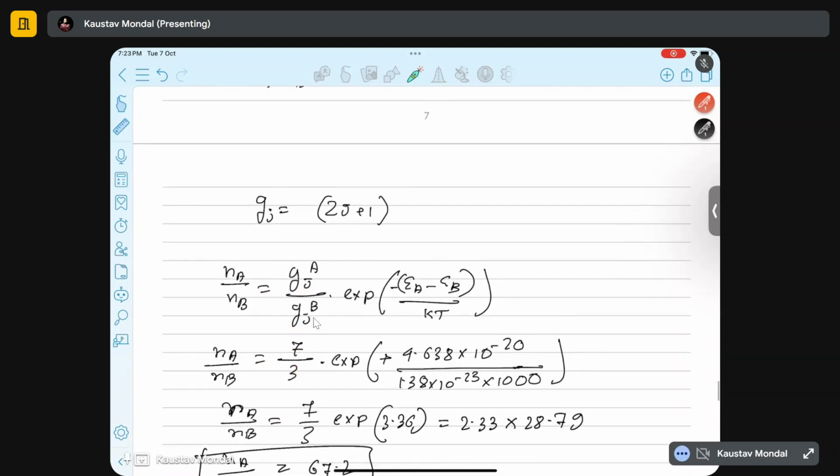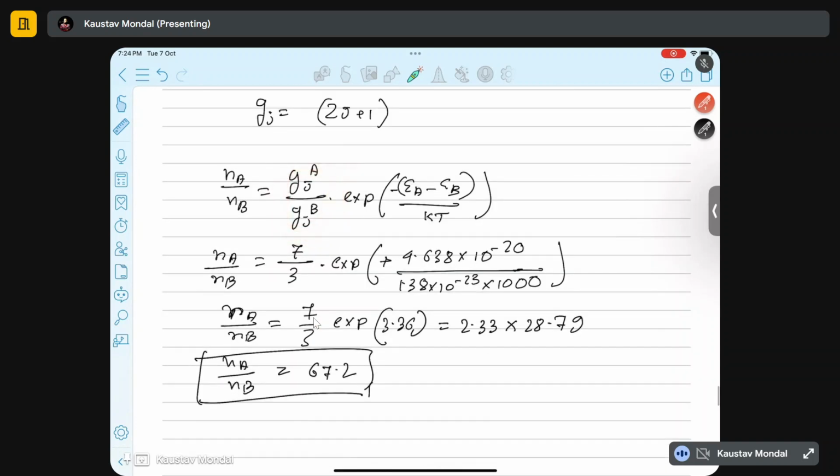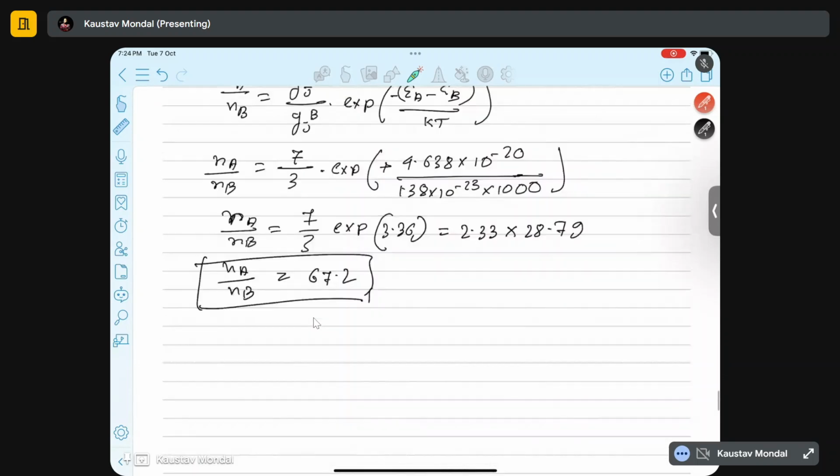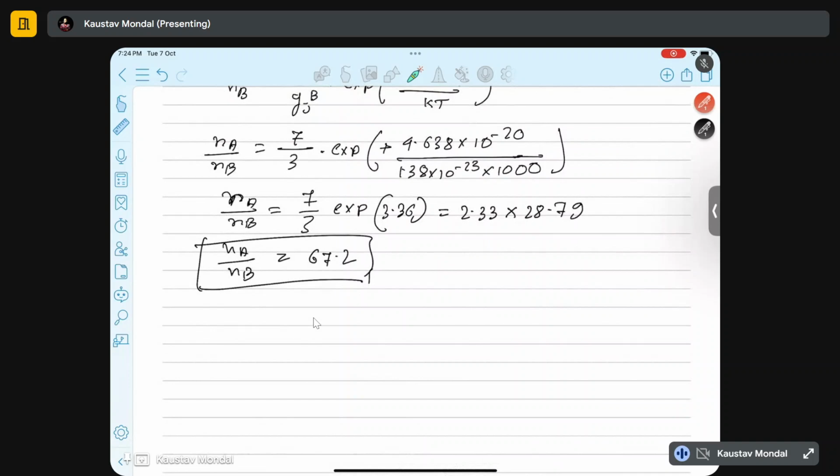So we have also substituted the degeneracy factors here, and previously we had already substituted the energy difference. Now just do the numerical calculation, and after doing that you get this population ratio Na by Nb. Here it is 67.2. Okay, so this is the problem we have done.